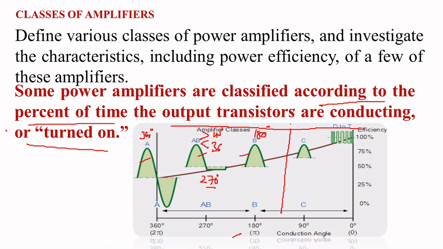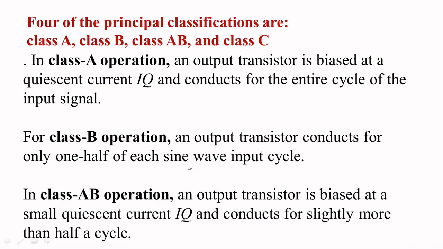We are concentrating only on class A, B and AB power amplifiers. When you go for class A, read that sentence and you will understand clearly: the output transistor is biased at the quiescent current IQ and conducts for the entire cycle of the input signal.